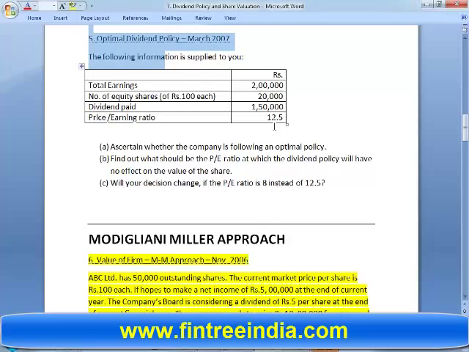Therefore, return on equity in bracket R, which is 10%. Again, you can write down 2 lakh divided by 20 lakhs. Then EPS. EPS would be 10. So 2 lakh divided by 20,000.